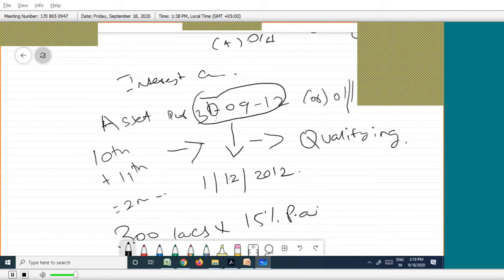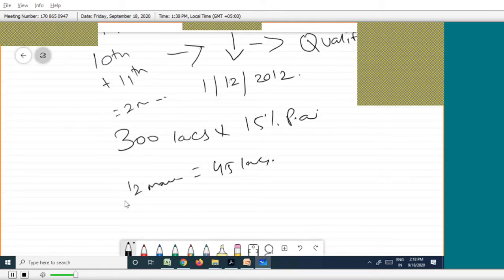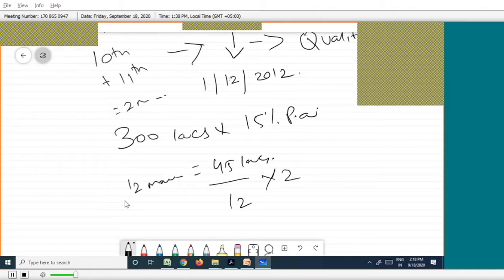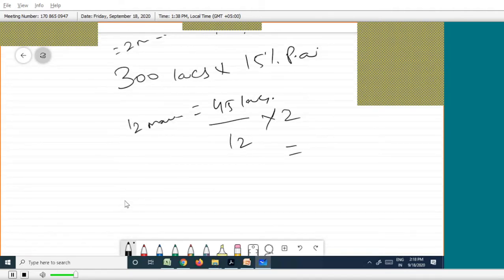So what should you do? 45 lakhs divided by 12 into 2, how much is coming? 7.5 lakhs.